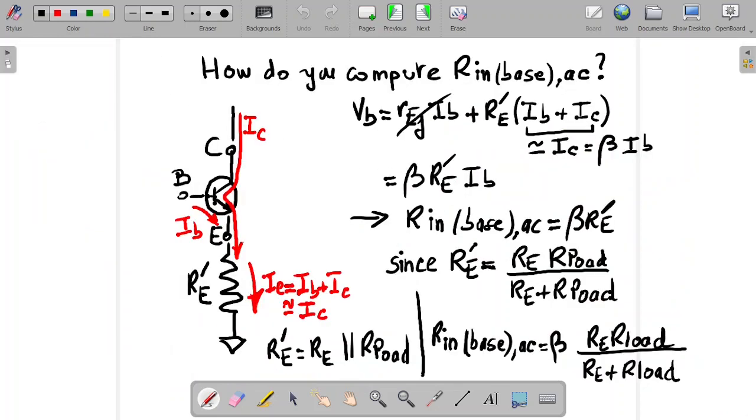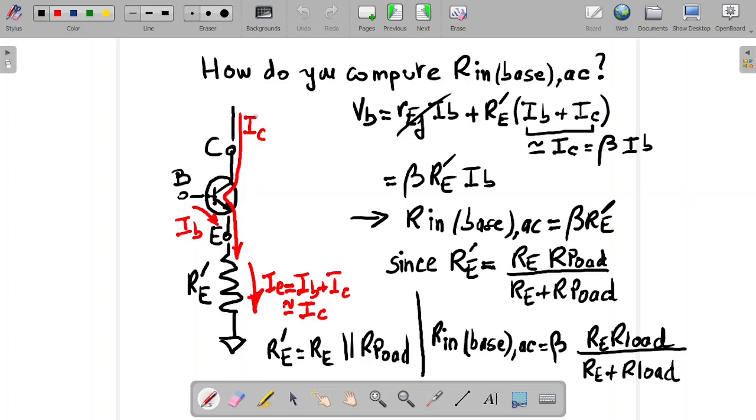Okay, so how do you compute Rin base AC? Here's our setup. You have the transistor, with the base, collector, emitter. IB is the base current which goes from B to E. It's usually small.